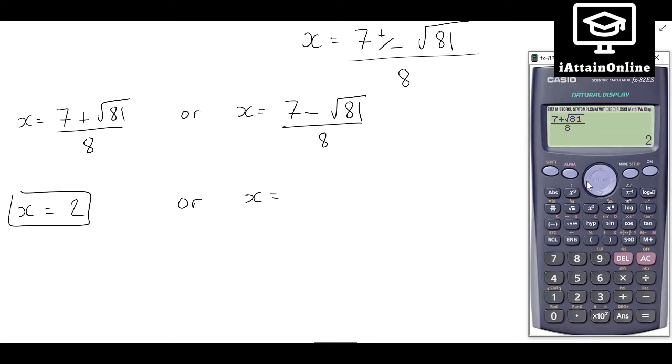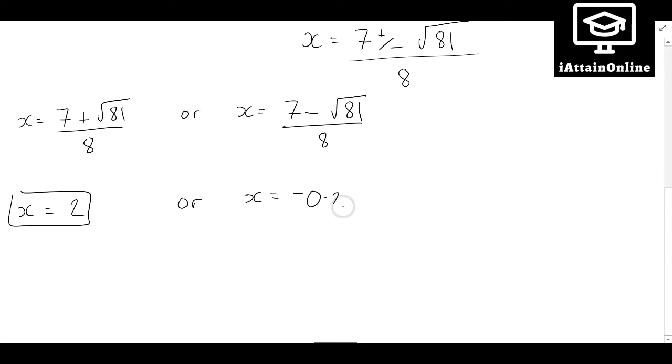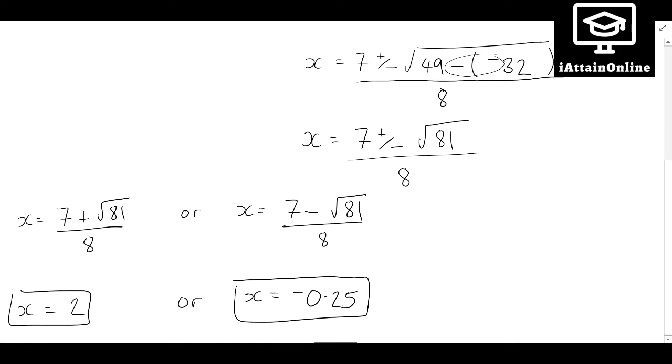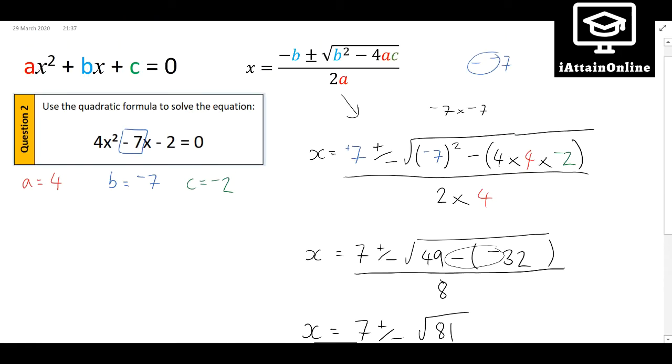And then if I go back in and change that to a takeaway, that's going to be negative 0.25. Now this one actually would have factorized, but that won't always be the case. So those are your two solutions for that equation there.